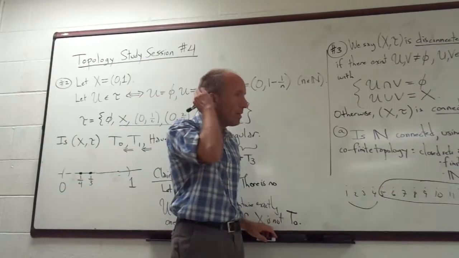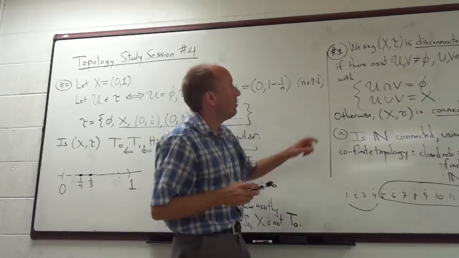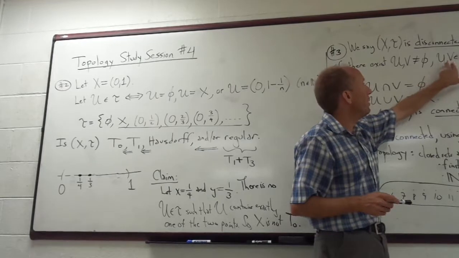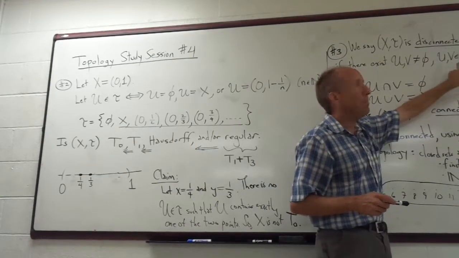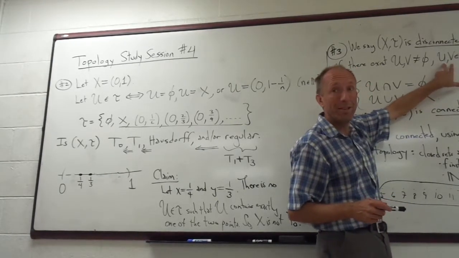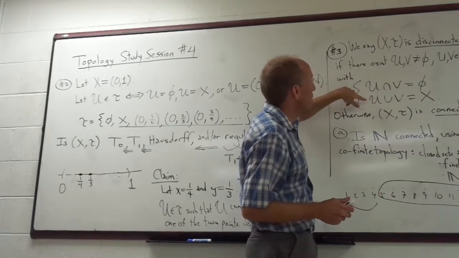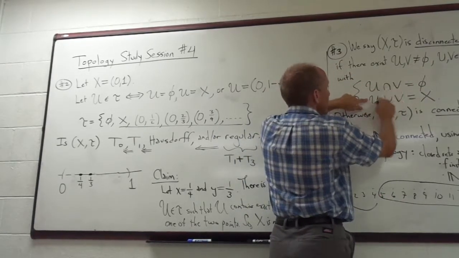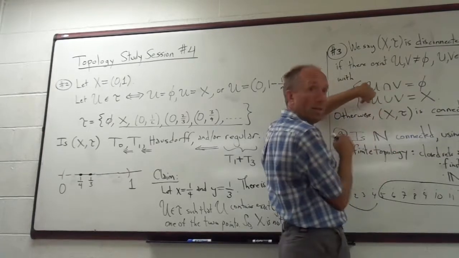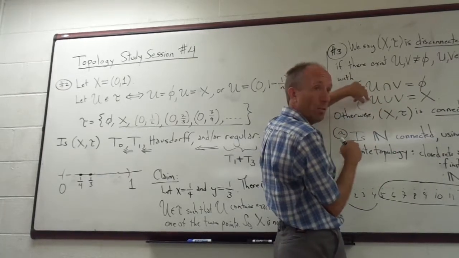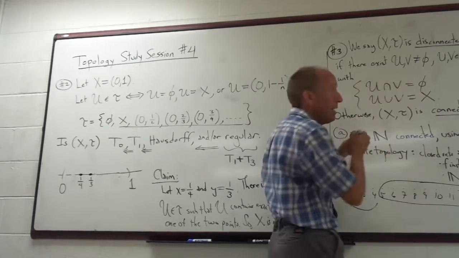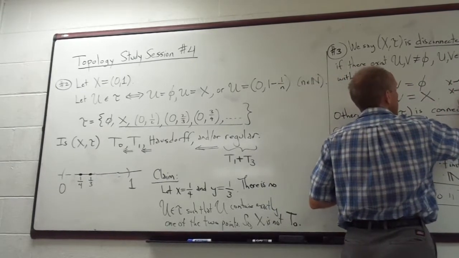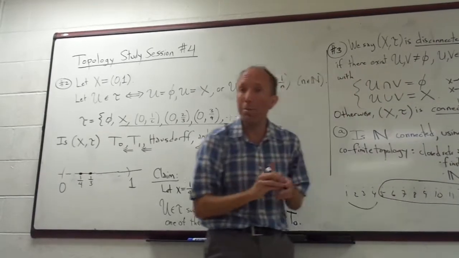There's no way to do this because if both of these sets are open, then they both have to have a finite complement. But look at what is the complement of U. If U intersect V is empty and U union V is the whole space, then the complement of U is exactly V, right? In other words, X minus U is V, and X minus V is U. They are each other's complement.